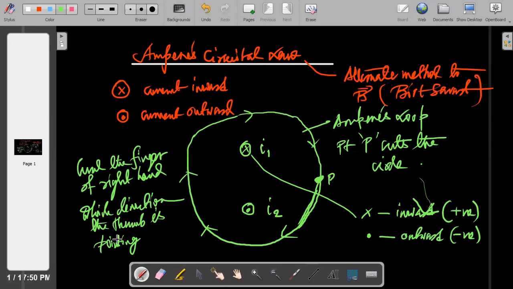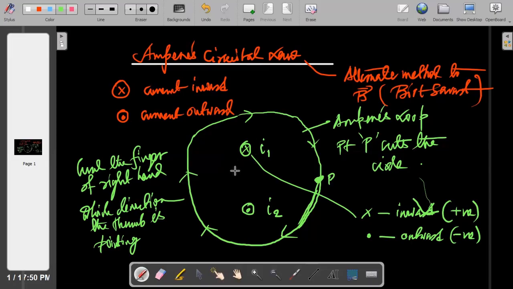Whichever direction the thumb is pointing, that current will be positive. So if you curl the fingers in the clockwise direction, the thumb is actually pointing inside, right?